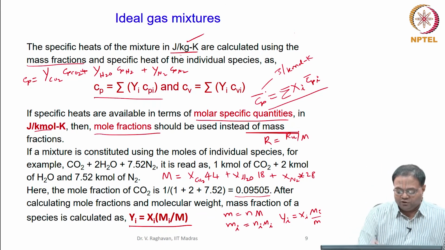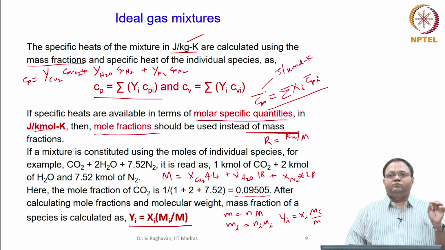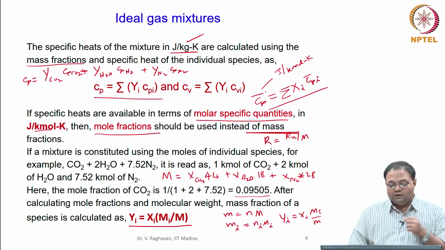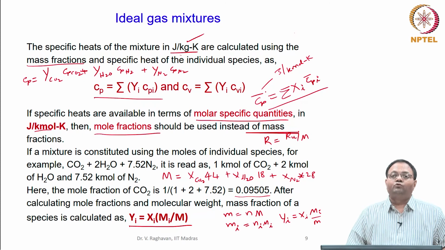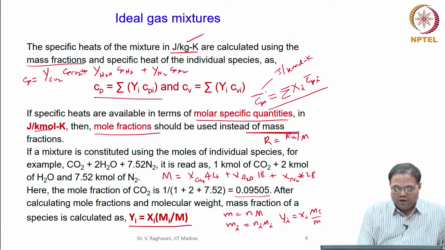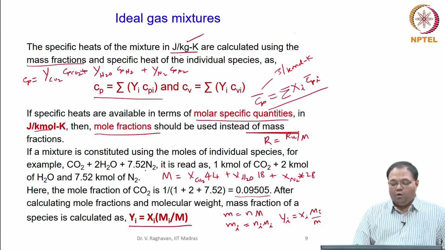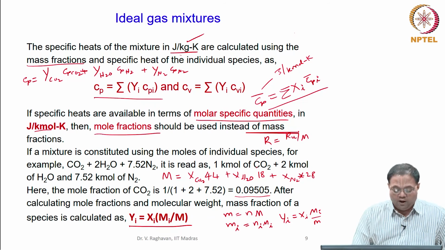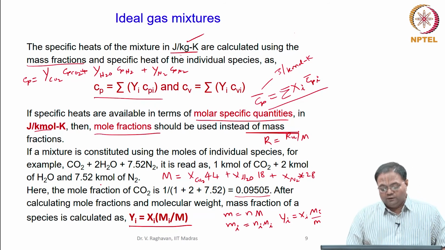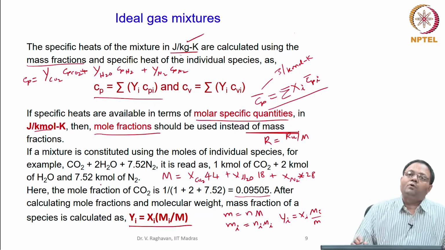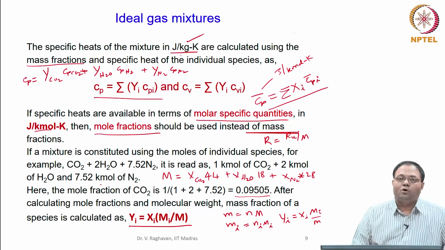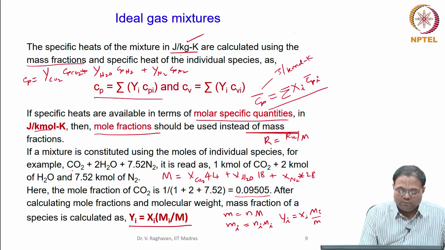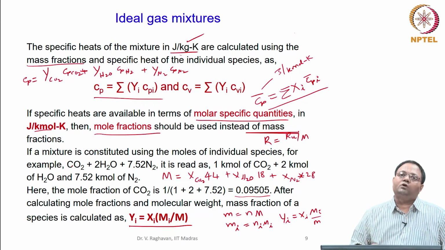Now, if you get a mixture like this, say the mixture has some moles, like any equation is actually written in terms of number of moles only, standard practice. So, when you have a mixture like, say, 1 kilomole of CO2 plus 2 kilomoles of H2O and 7.52 kilomoles of N2, then you can calculate the total number of moles by summing up the number of moles of each component, and the mole fraction can be found by dividing the number of moles of an individual component by the total number of moles.